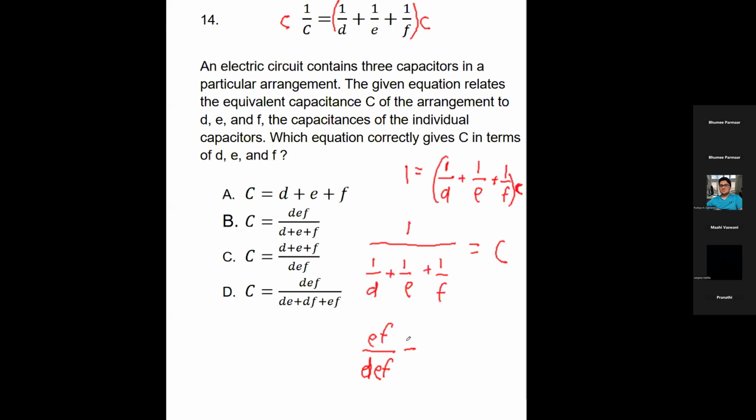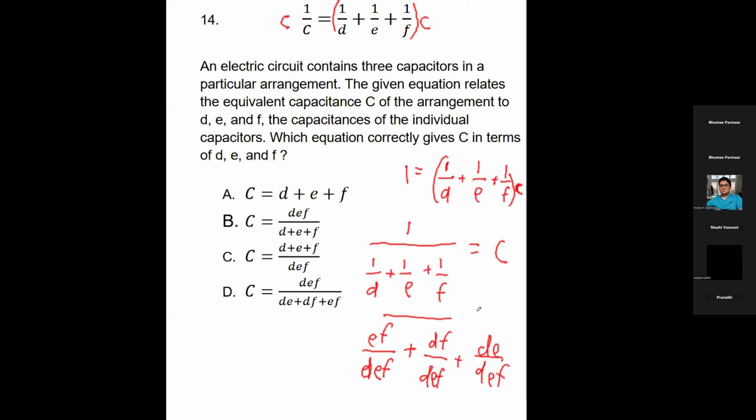And then plus, we do the same thing for this. So that would be DF over DEF. And then for the last one, we would also get DE over DEF. We can now add them all together.